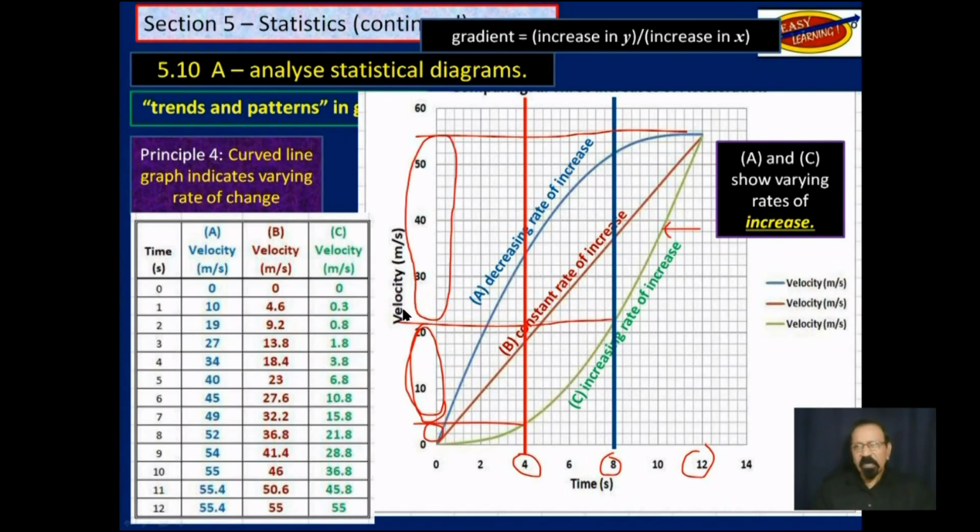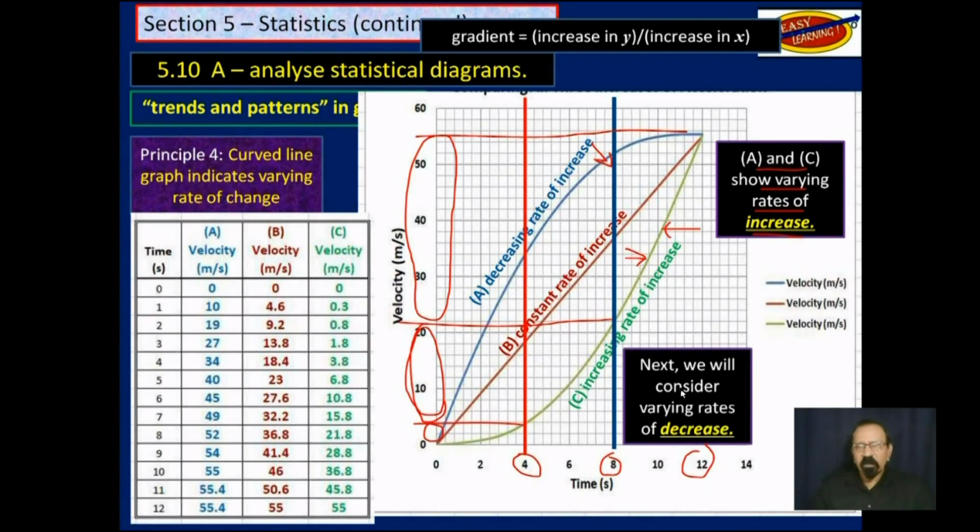So you could see an increasing rate of change of velocity. So A and C show varying rates of increase. They're both increasing, but at varying rates. This blue one is showing a decreasing rate of increase, and this green one, an increasing rate of increase.